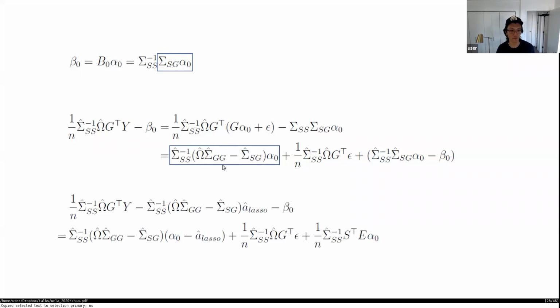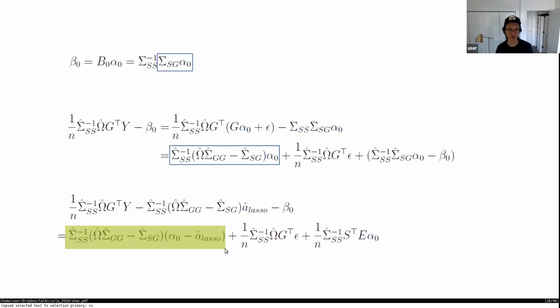So we can do that. Basically, we estimate this bias by replacing alpha 0 with a lasso estimator. Now, if we can argue that this bias, this remainder term, is small, then we have a normal error for our estimator. And the reason this is small is because we can construct omega hat such that that first term involving omega hat is small.